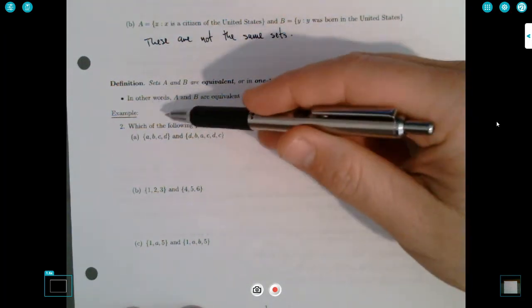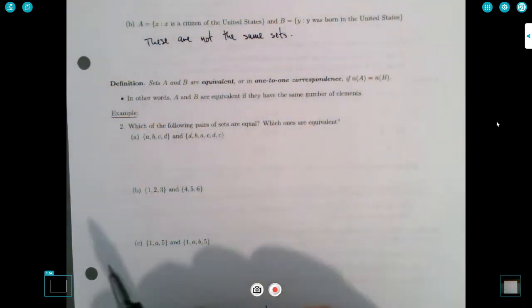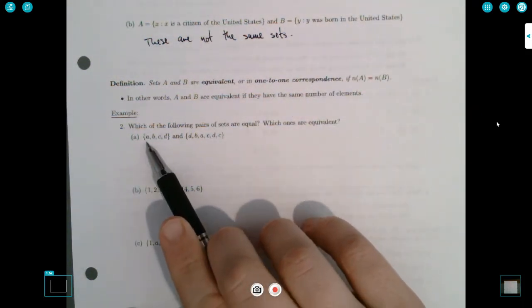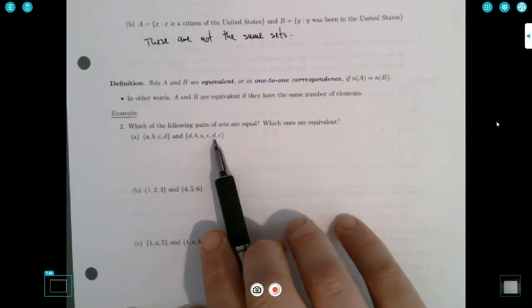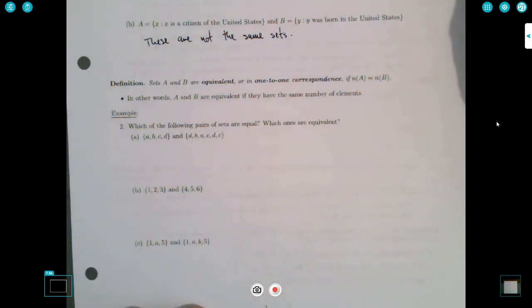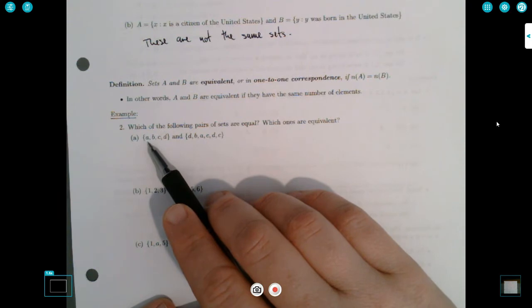Let's see if we can figure out which pairs of sets are equal and which ones are equivalent. In part A, we have the set A, B, C, D and the set D, B, A, C, D, C. Well, let's see.